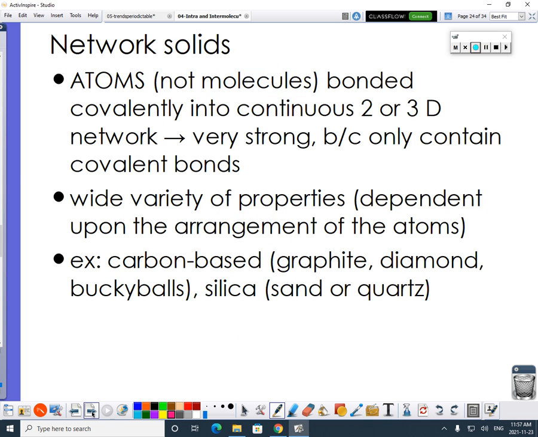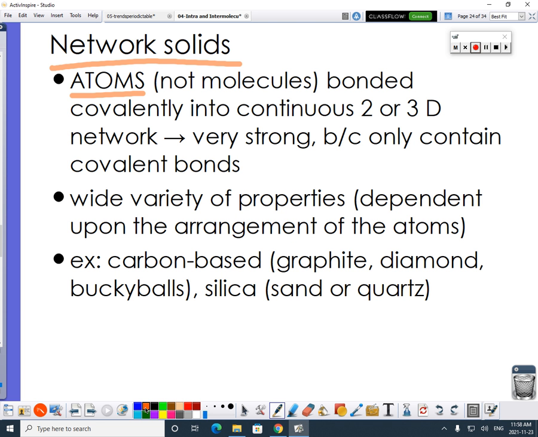Okay, so then this is one that you probably have not considered before. But network solids, they are important to us humans. And here it says atoms. When some of the textbook questions ask you, they give you the atom, or the formula like CO2 or NaCl, and it wants you to pick what kind of solid it would be.